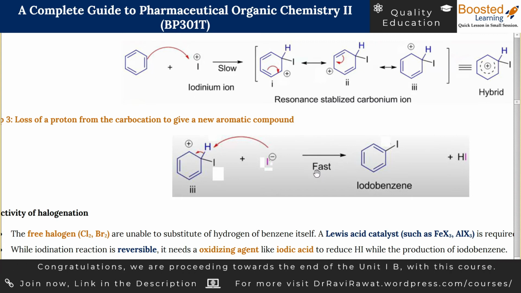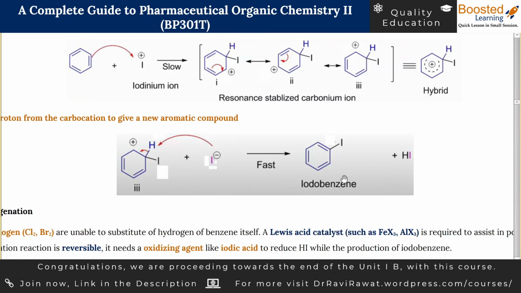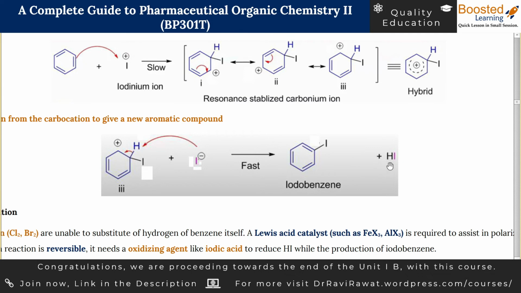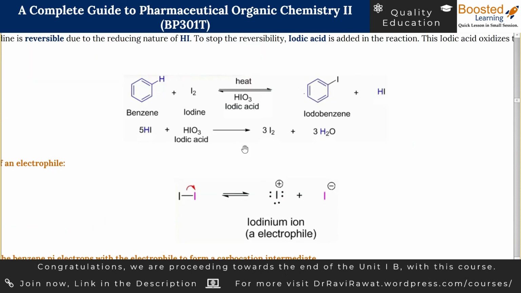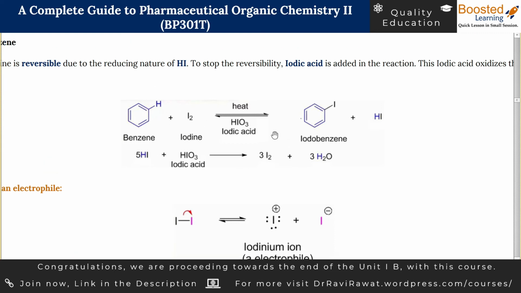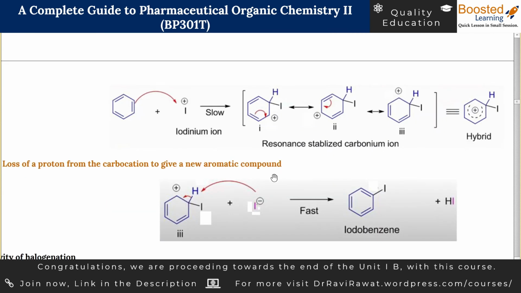This step is going to be a fast step, and the final product formed is iodobenzene. The other product formed was hydroiodic acid, which is taken care of by the iodic acid, because it will convert the HI to molecular iodine as a reagent. So the reversibility of the reaction could be dealt with.